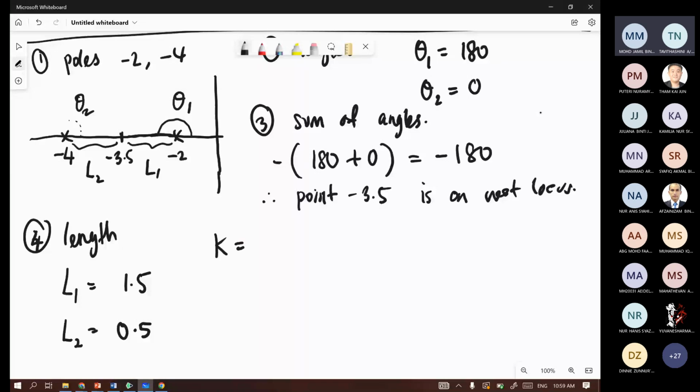So K equals 1 over M, where M equals the product of zero lengths divided by the product of pole lengths. We don't have zero lengths, only lengths from poles.